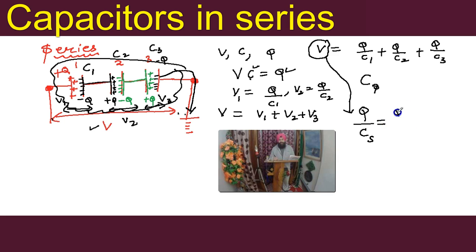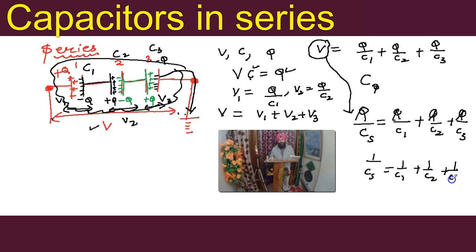So Q by CS equals Q by C1 plus Q by C2 plus Q by C3. Q cancels out, so 1 over CS becomes 1 over C1 plus 1 over C2 plus 1 over C3. This is the resultant for capacitors in series.